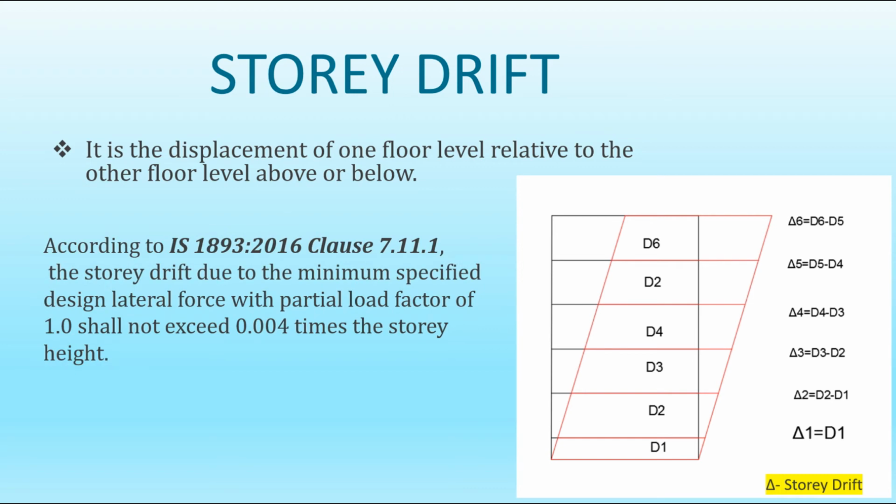According to IS 1893-2016 clause 7.11.1, the story drift value should not exceed 0.004 times the story height. Therefore, the permissible drift in our case is 0.004 times the height of the building. In our case the height is 3 m, so 1.2 centimeter is the permissible drift of our building.